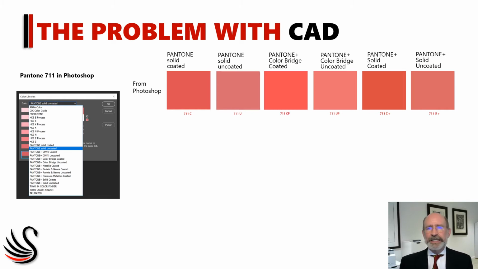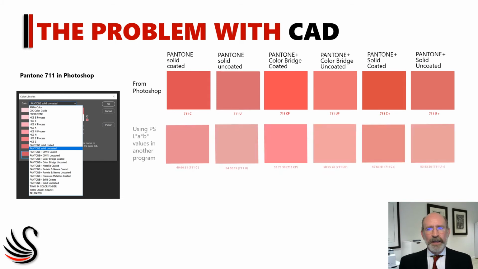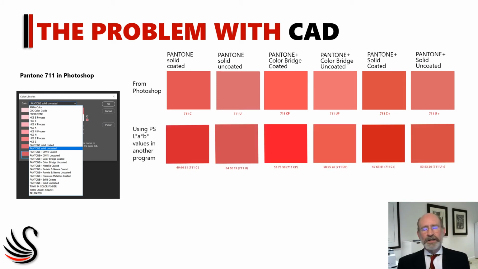So it's a standardized definition of that color. So what I'm going to do is take the LAB values that are supplied in Photoshop, and put them in a different system. Well, as you can see, they don't match either. I get the same variation going across the row that I see in the first row.